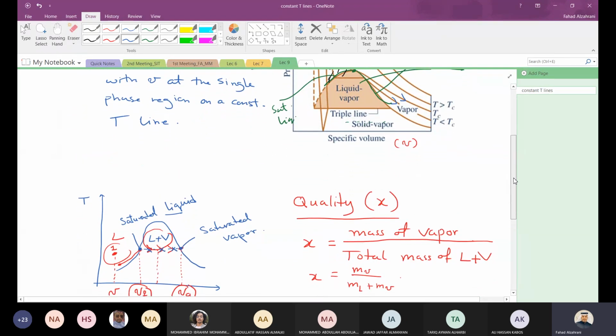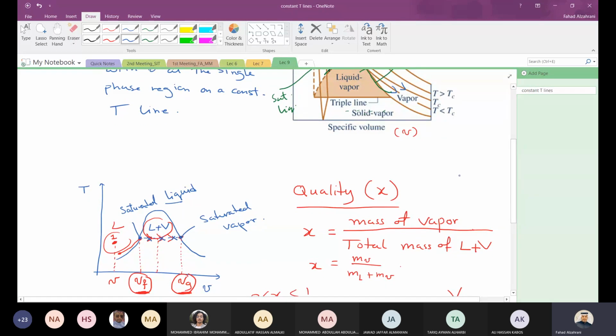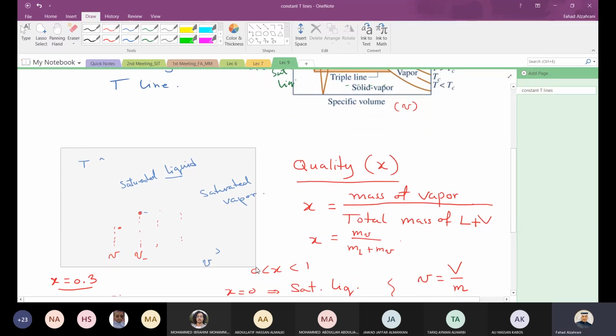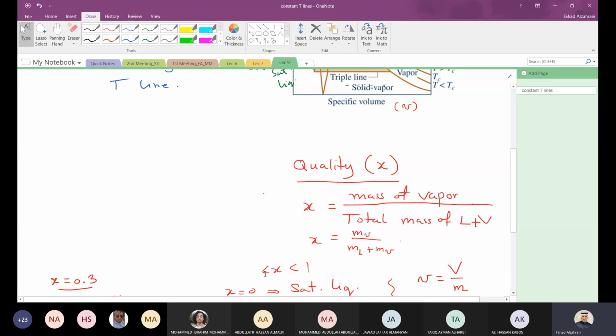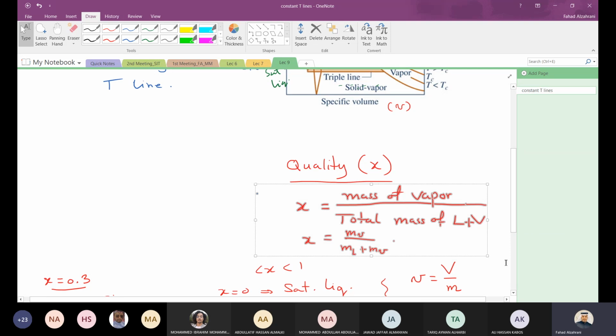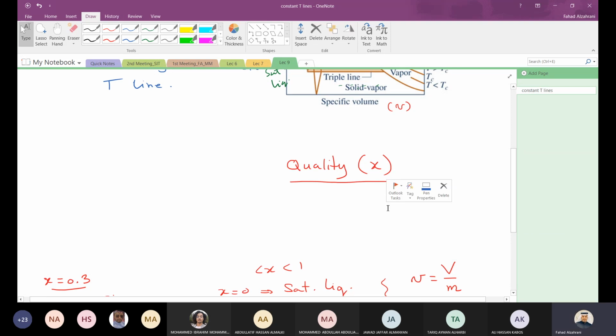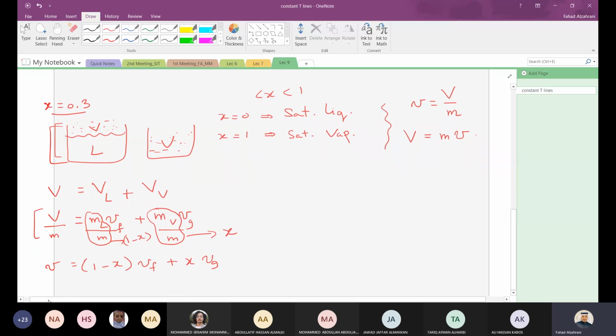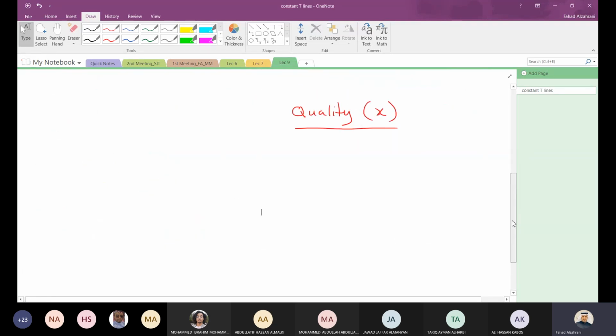Excellent. Now, in this saturated mixture region, let me delete this to explain it, so you follow with me. Let me plot this diagram again here.